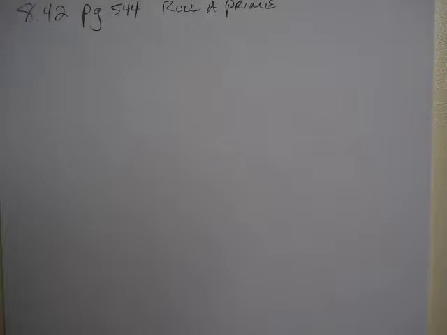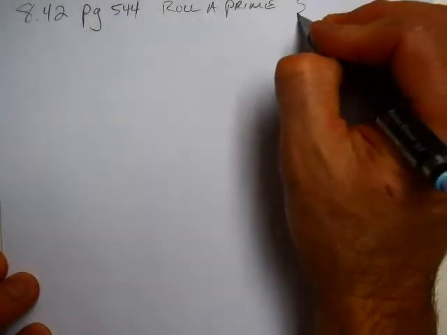One? Is 1 prime? No, 1 is not prime. It seems like it would be, right, but it's not. I'm not entirely sure why. The smallest prime is 2. So 2, 3, and 5 are your prime numbers that are on a die.